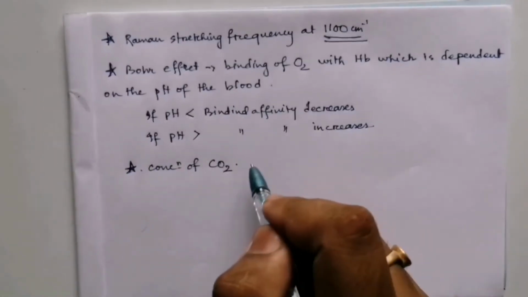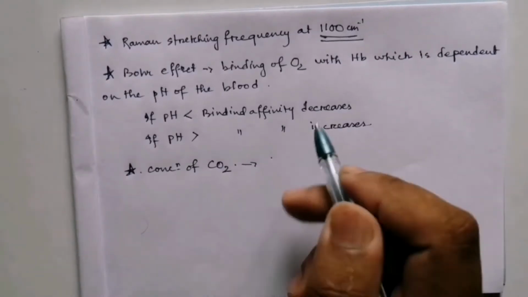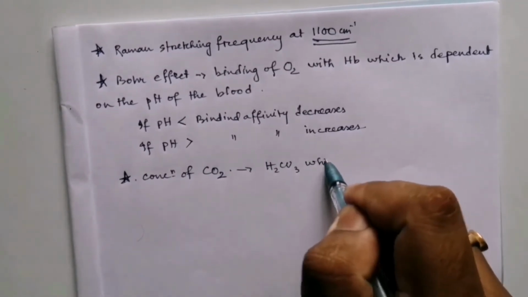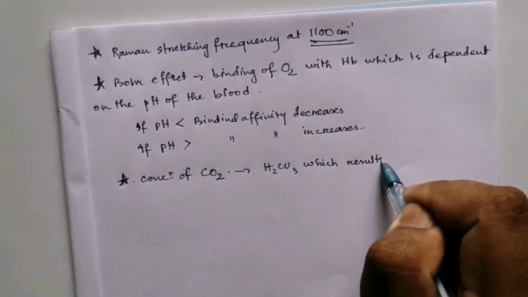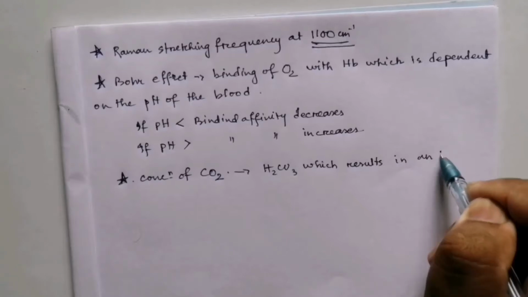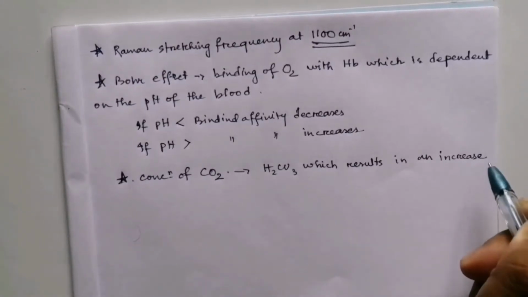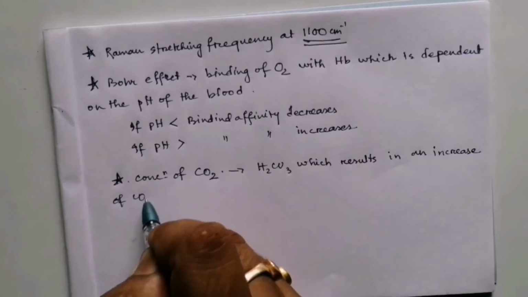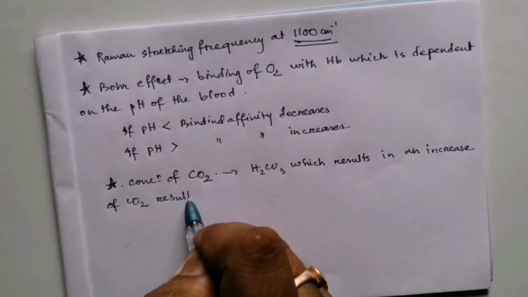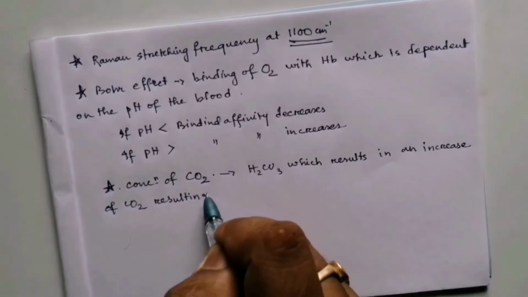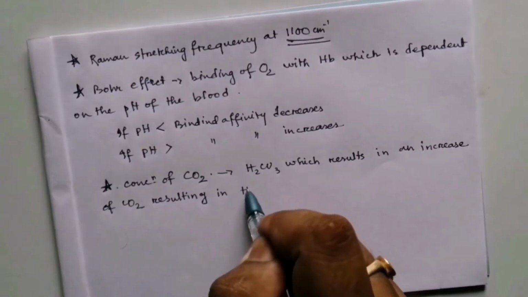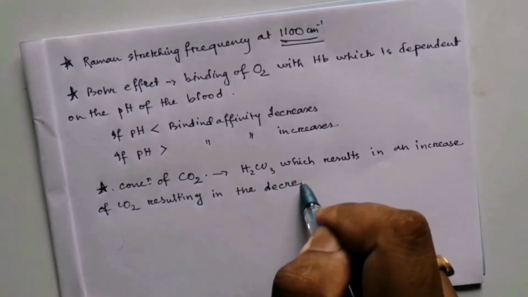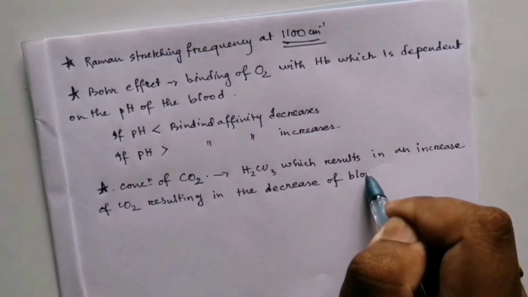Carbon dioxide reacts with water to form carbonic acid, which results in an increase of hydrogen ion concentration, resulting in the decrease of blood pH.